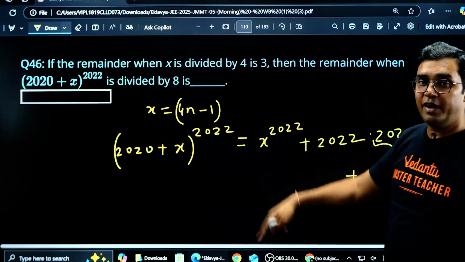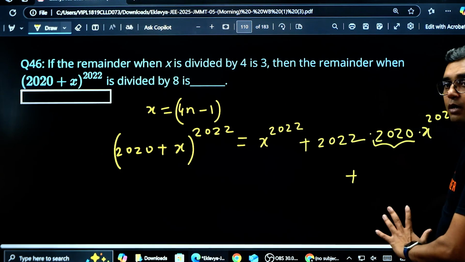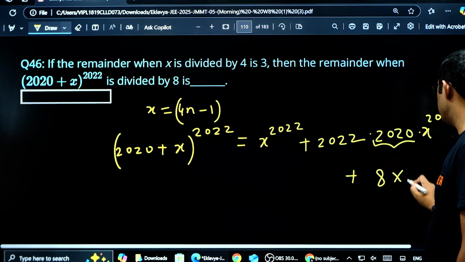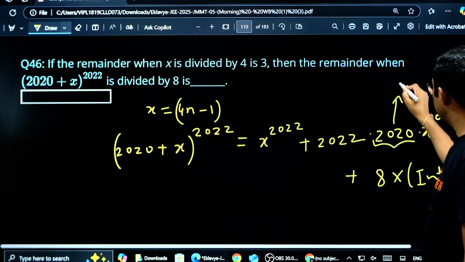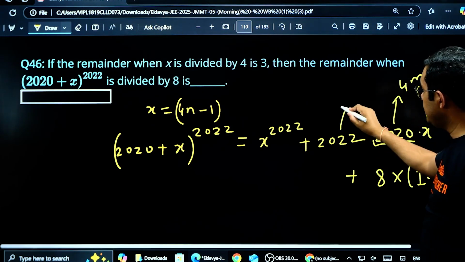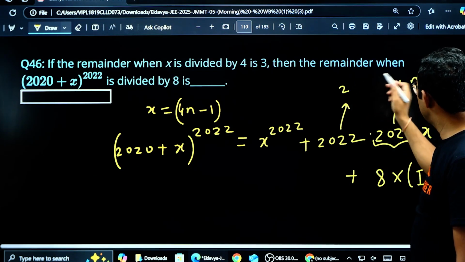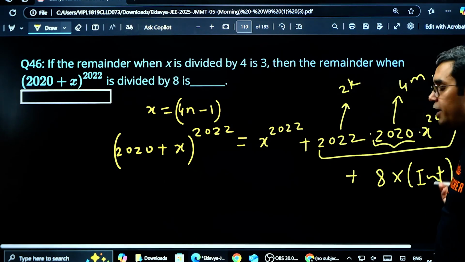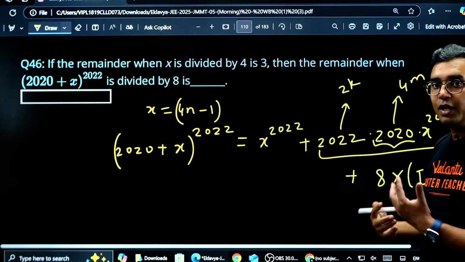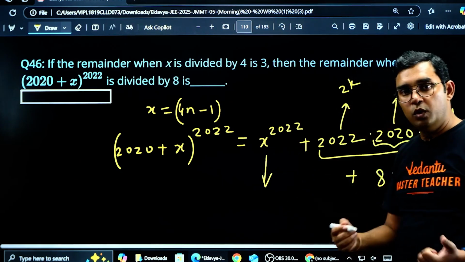Because we want to divide by 8, all of those are multiples of 8, so 8 into an integer I can say directly. In fact, this is a multiple of 4, this is an even number, say 2m, 2n, 2k. So this thing is also a multiple of 8. So whatever remainder we are going to get, we'll get because of this term only.